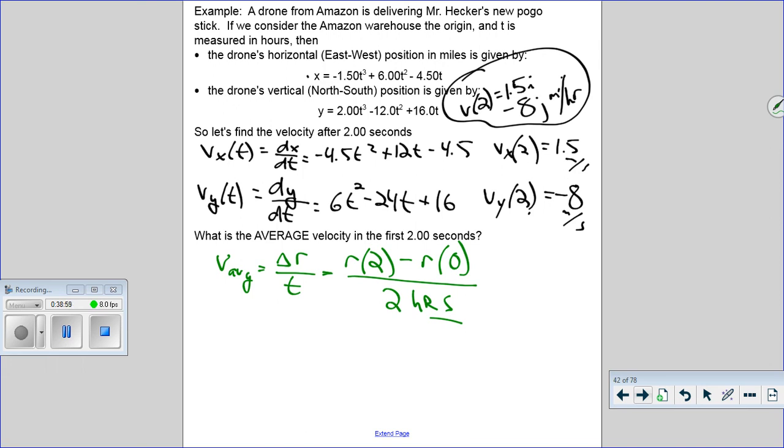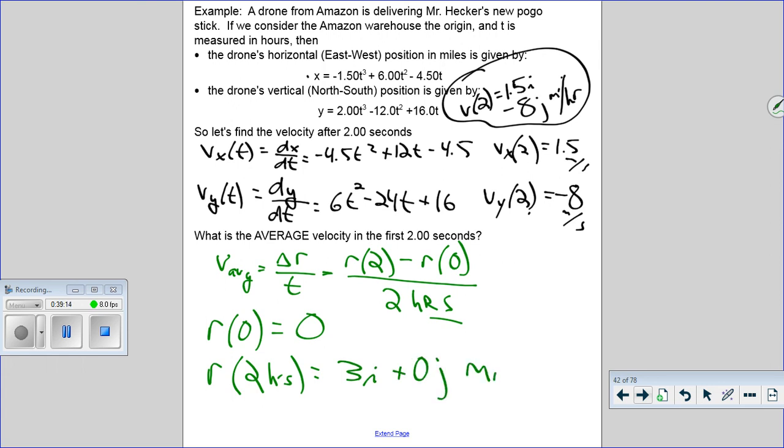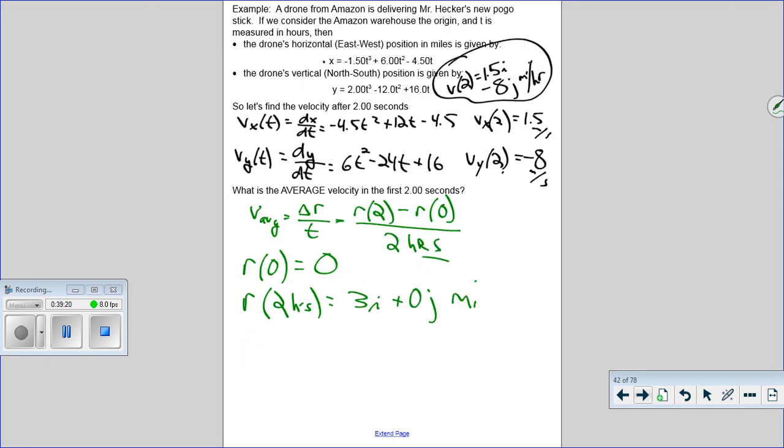Cool? So then average velocity is delta R over t. So 3I miles divided by 2 hours is 1.5I miles per hour.